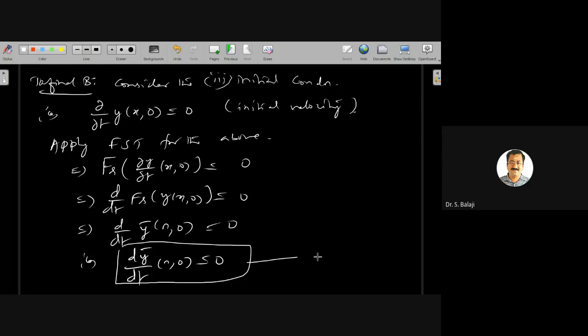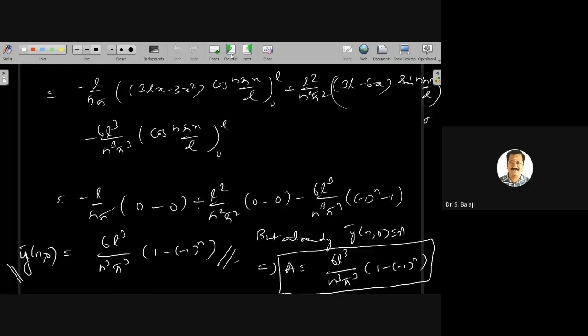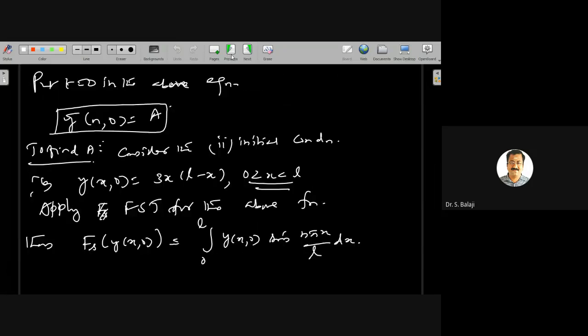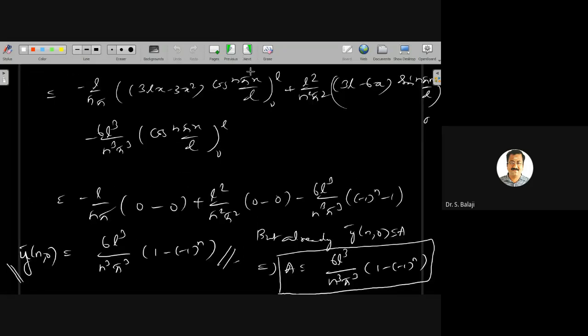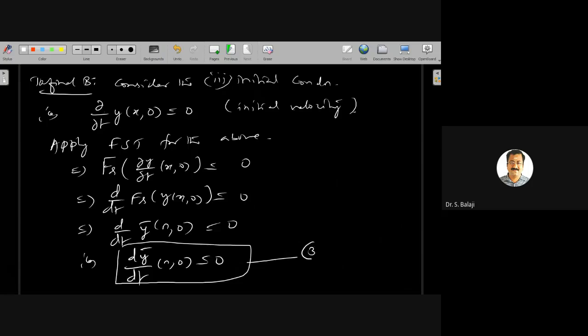You take it as equation 3. Now, because of this condition, take the Fourier sine transform of dou y by dou t, the initial velocity condition. Take d by dt outside of the integration: Fs of y of x comma 0, and d by dt of y bar of n comma 0.